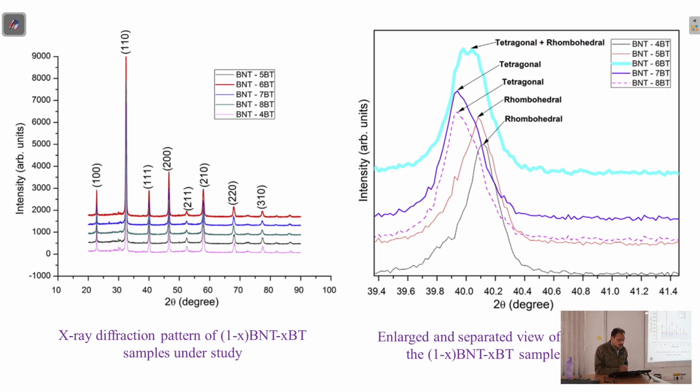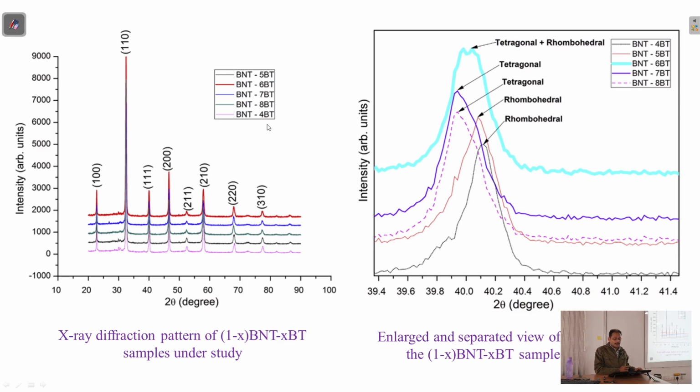Yeah, so here we have this XRD pattern, and the left one is the usual XRD pattern that is obtained, and this is the expanded form. So this particular material which has been chosen has two components, as you could see here.